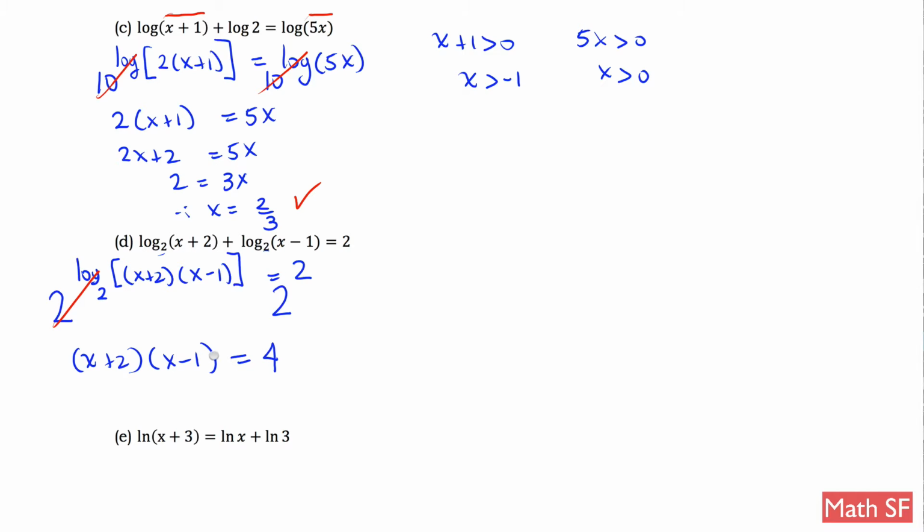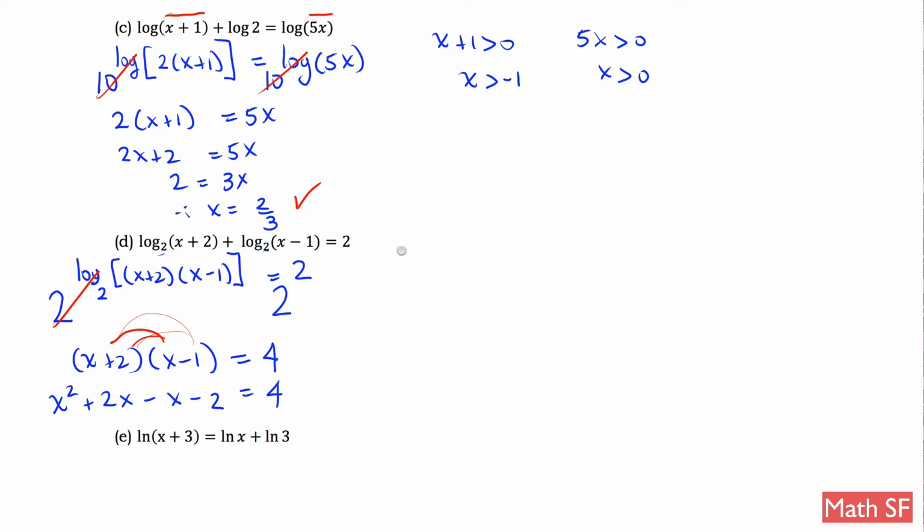Now it seems that we're going to have a quadratic equation here. So let's solve this. Let's FOIL: x squared plus 2x, minus x, minus 2. Are we doing this correctly? Yes. Sometimes you can go one way or the other way; it doesn't matter, however you prefer.